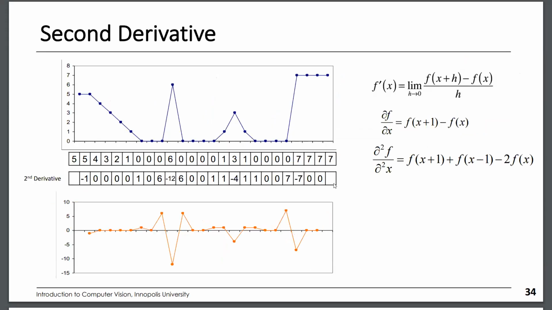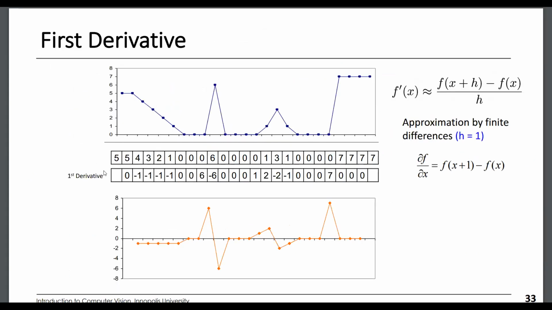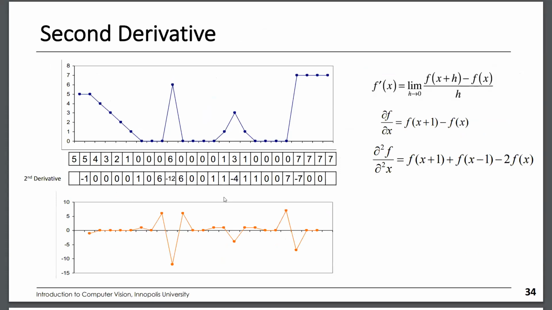Now, for the second derivative, once we have the first derivative, we make the calculation again on this one, right? If we derive the first derivative again, we will have the second derivative of the original function.